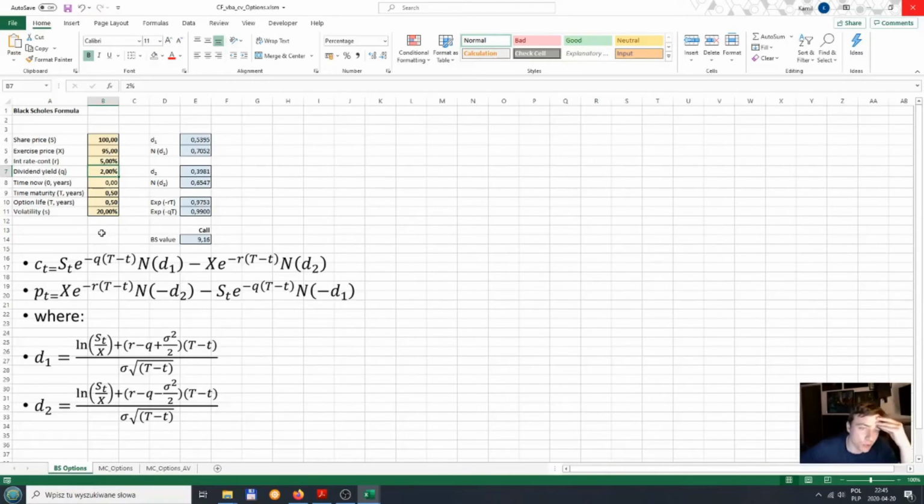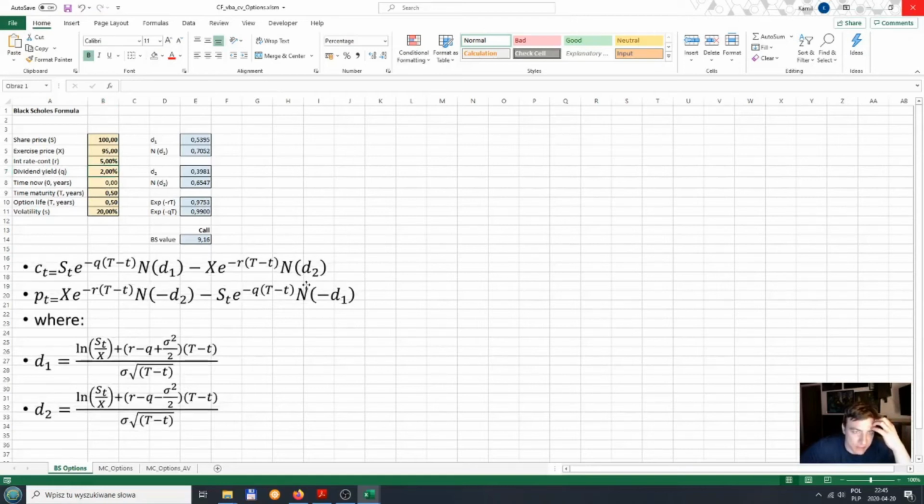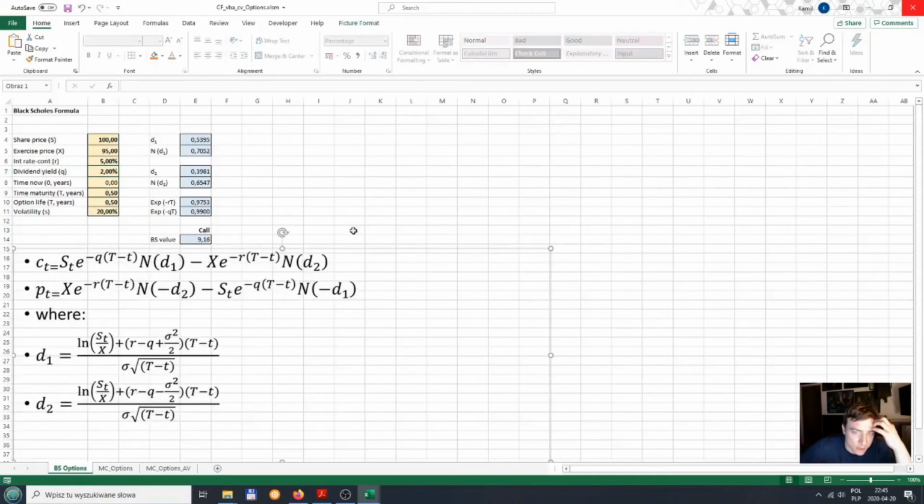The more challenging part to understand is this ND1 and ND2. From our perspective, you don't have to understand this. It's not that important actually. A lot of people don't think of what ND1 and ND2 are. You can just trust the formula and use it in practice.